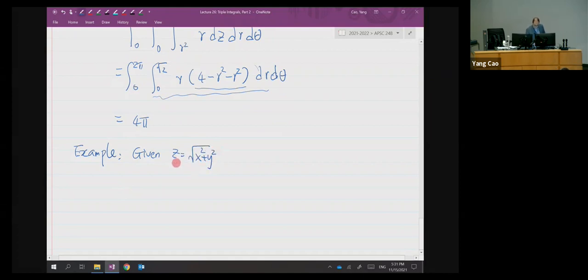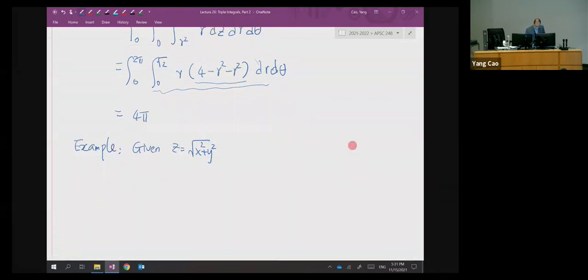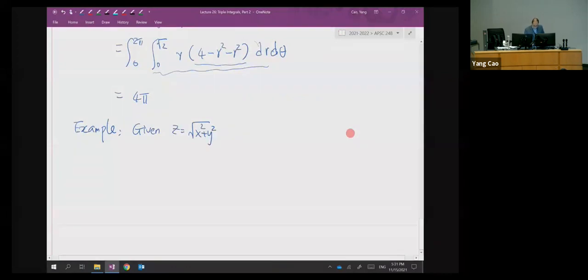If I give you the expression z equal to square root of x squared plus y squared, it's hard to know what it looks like if you don't have computer software. But if you plot it, you will see that this gives us a cone surface.